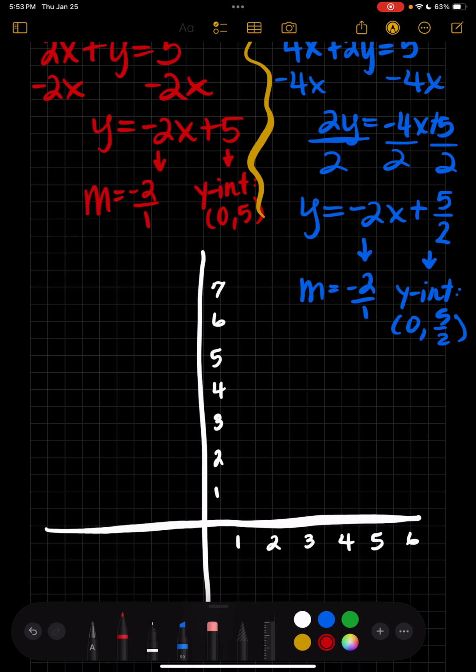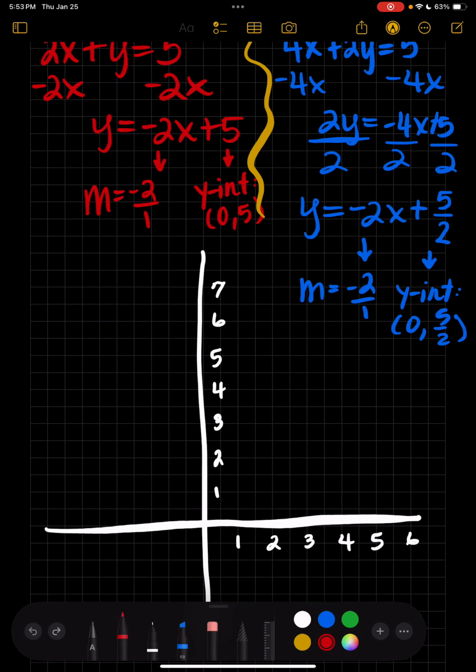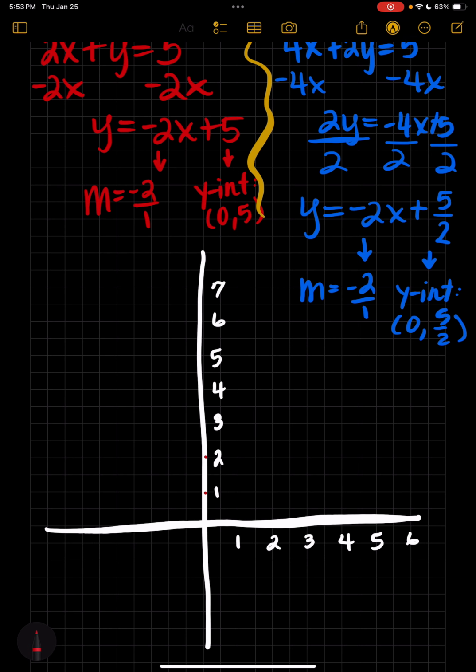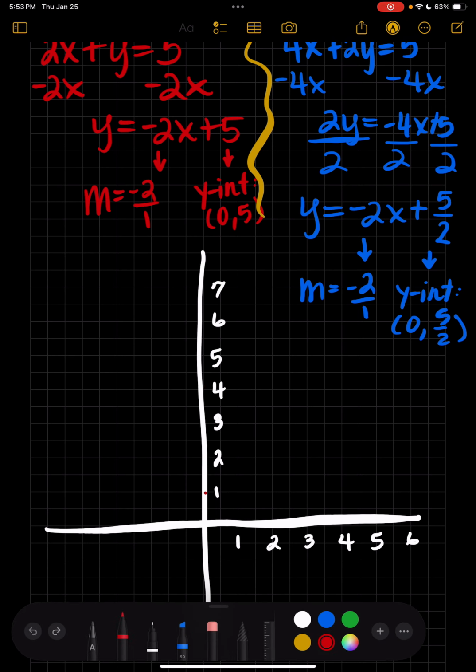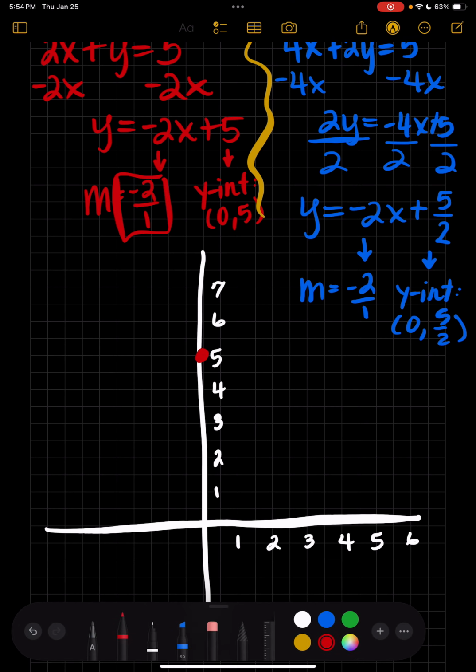So to graph this red one here, we're going to start at this y-intercept of 0, 5. So you're going to go up 1, 2, 3, 4, 5 right here. And then use your slope of negative 2 over 1.